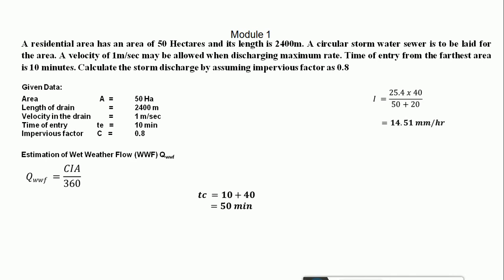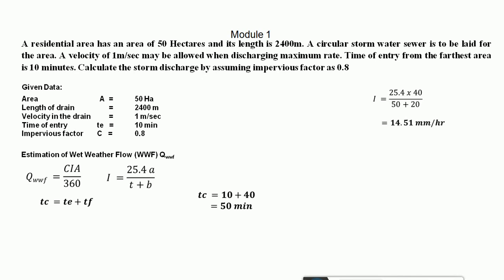We know that the area of the drainage is 50 hectares, the length of the drain is 2400 meter, the velocity in the drain is 1 meter per second, the time of entry is 10 minutes, and the impervious factor, that is the coefficient of runoff, is 0.8. We have to find the storm water discharge.